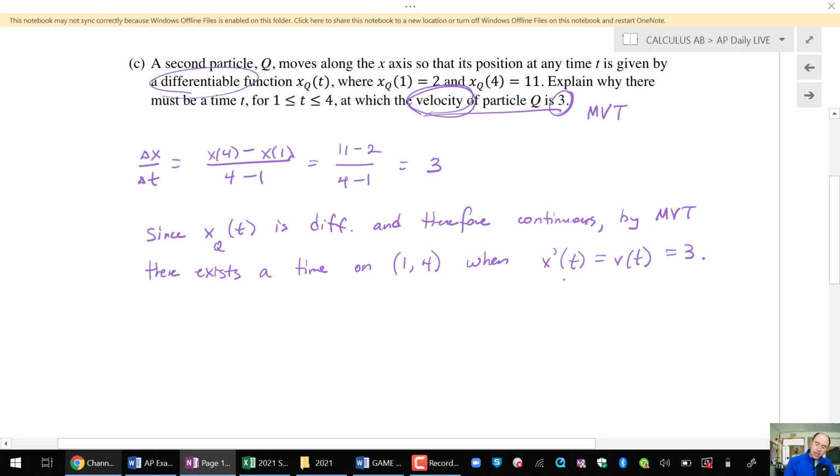And that's for particle Q. So there's a mean value theorem proof embedded in this question.